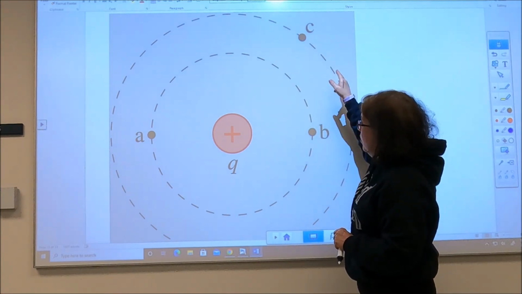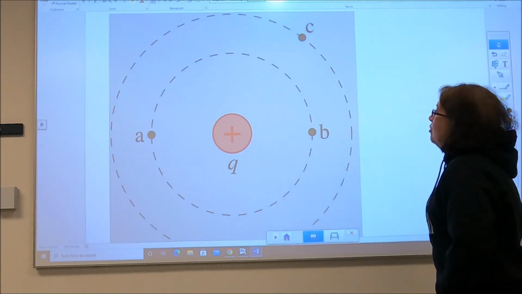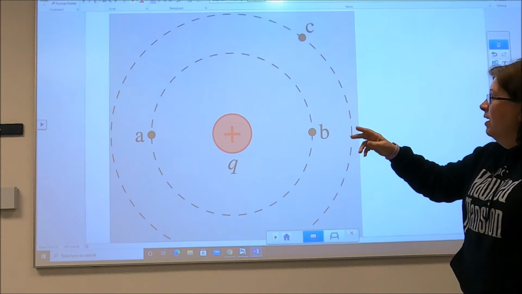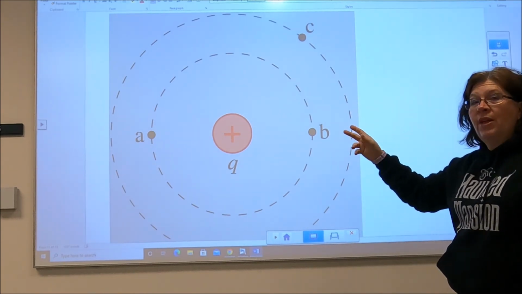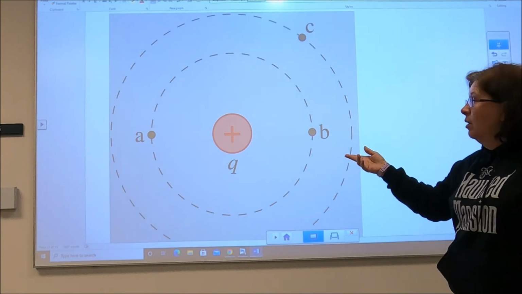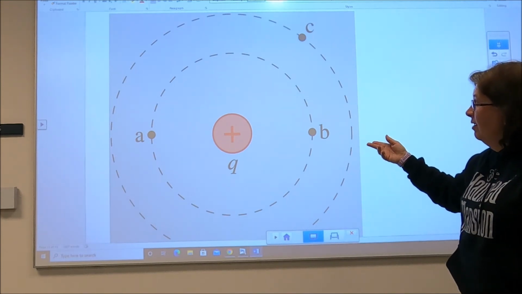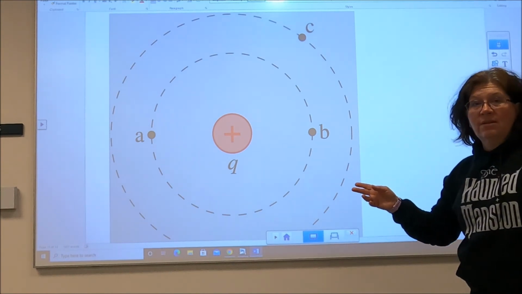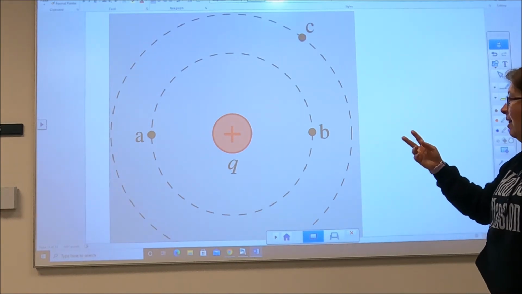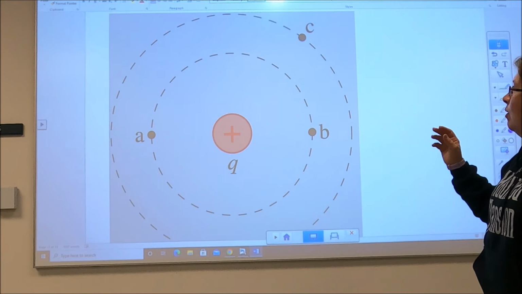B and C, we're going to have an electrical potential difference. In between A and C, we're going to have an electrical potential difference, but they're going to be equal to each other because A and B are on the same equal potential surface. So the difference in electrical potential A to B is 0.